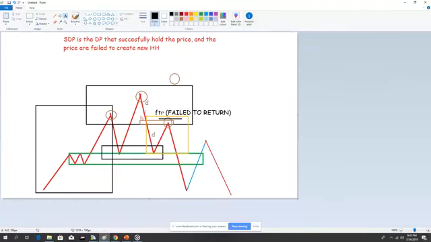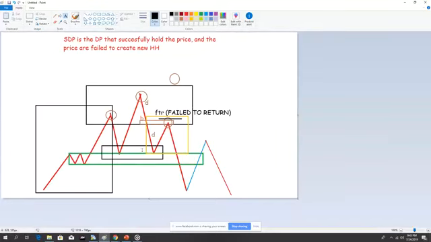Price rejects, reaction by rejection on phase 3 here, and the price bounces up and it has been held by a decision point. So that is the SDP. And the whole thing, it is the FTR.